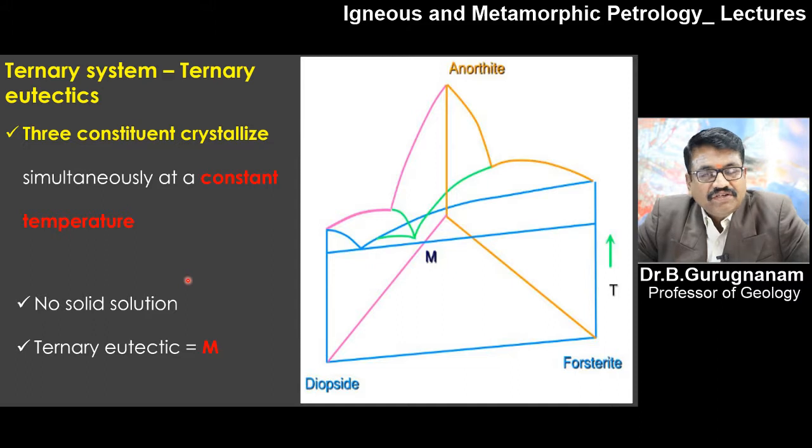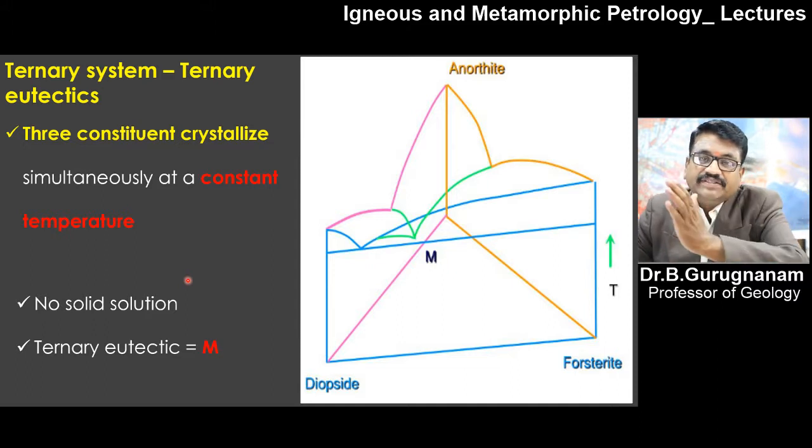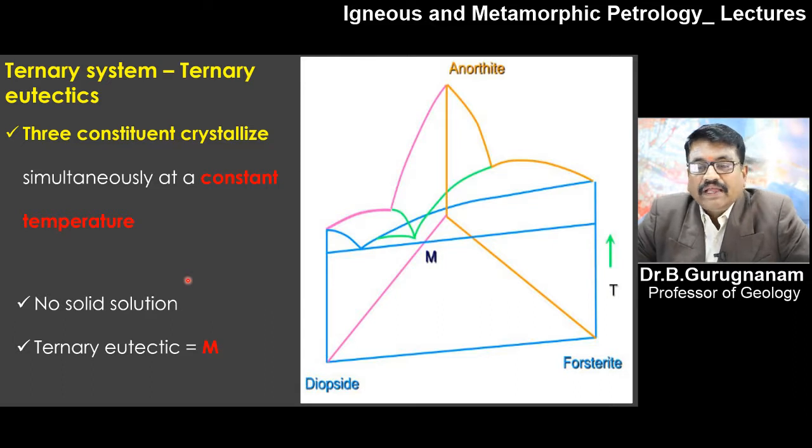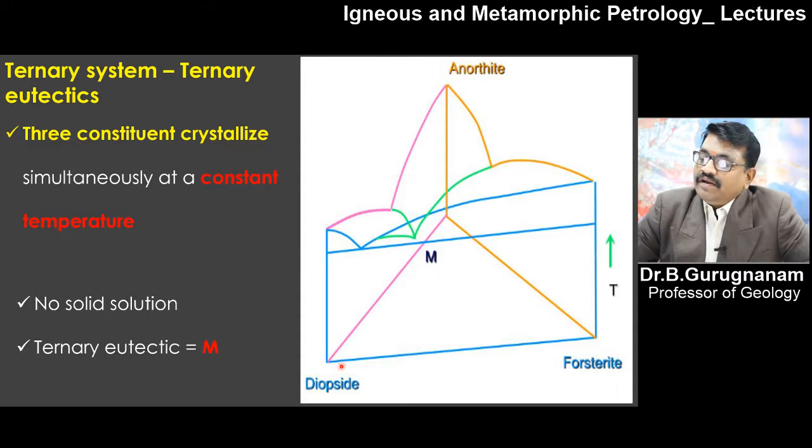It is not a solid solution series. It means it is not albite-anorthite, with similar exchanging of sodium to calcium. No, it's not like that. It is a ternary eutectic, which is called M. I will explain, and by that time you will understand what a ternary eutectic is. They have taken three examples of composition: diopside at one end, forsterite at another end, and anorthite at another end.